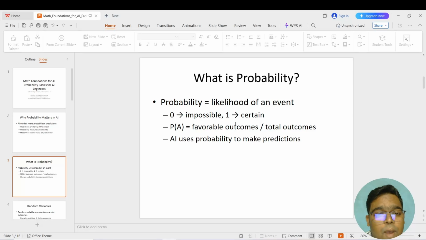That's why it's 0.5, right? A probability of 0 means an impossible event that will not occur, and a probability of 1 means it is certain to happen. The definition of probability is favorable outcomes divided by total outcomes.